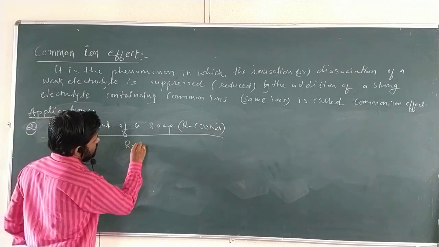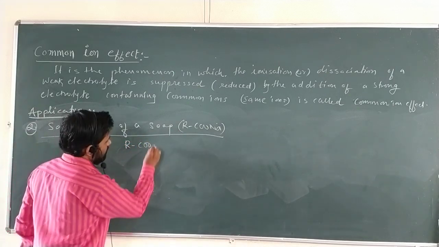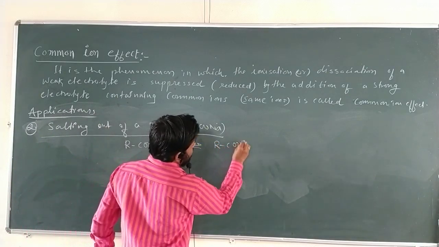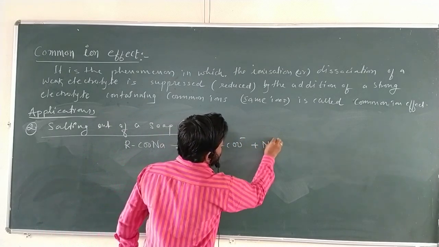Soaps are salts of higher fatty acids. Here RCOONa can be shown as RCOO negative plus Na plus.